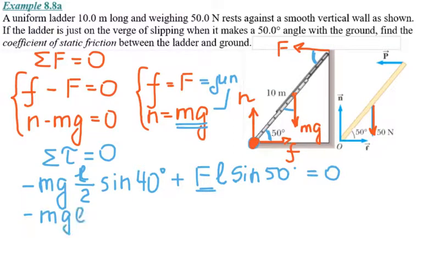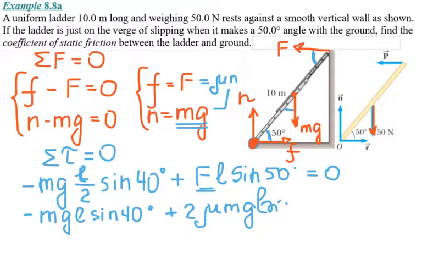And then I have L, and then sine 40 degrees, and plus, times it by 2, so 2 will appear over here. And then instead of F, I have mu, and times N, which is mg, and sine times L, and then times sine 50 degrees equals to 0.